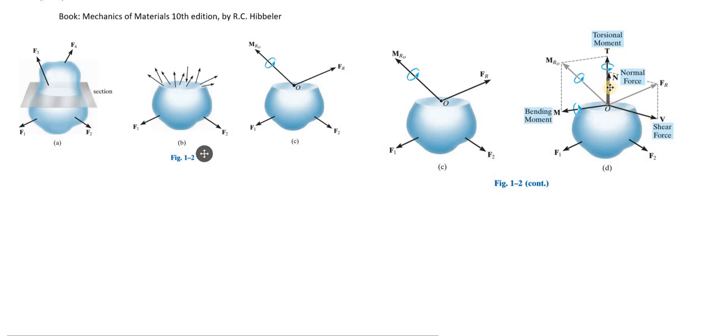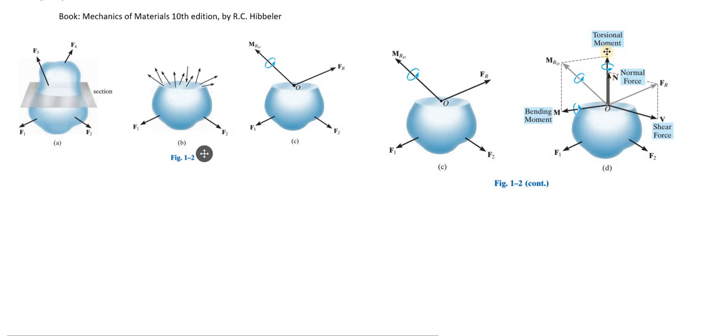Now, normal forces are developed whenever there is a tendency of pulling between these two segments or pushing between these two segments, and shear force is always developed when there is a tendency of sliding between these two segments, one segment tending to slide with respect to the other. And as far as the components of Mr are concerned, we have two components again. Torsional moment is the component normal to the cross section.